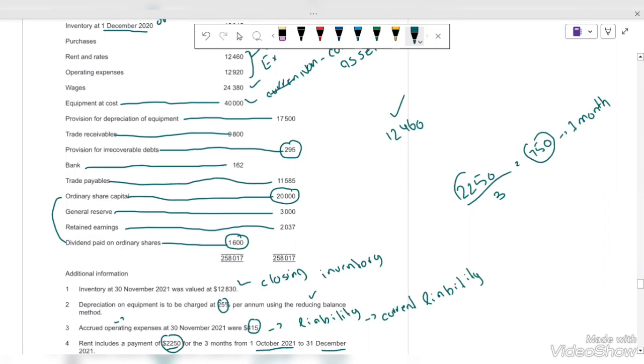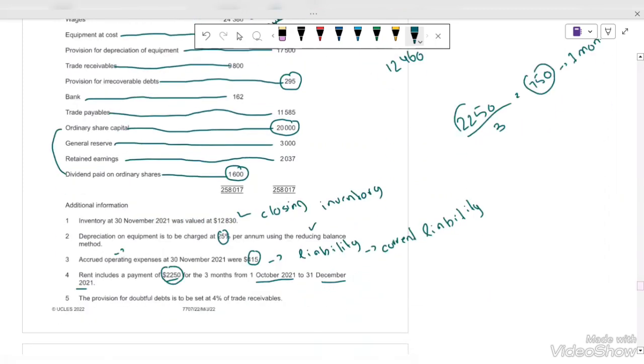So it means that if we pay this amount for October to December, then October and November have been used. So only 1 month's payment has left, which is 750.